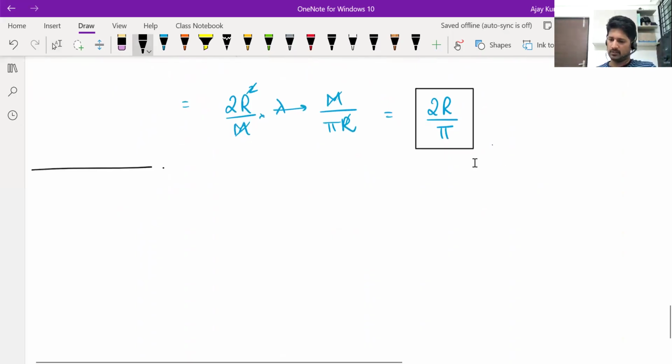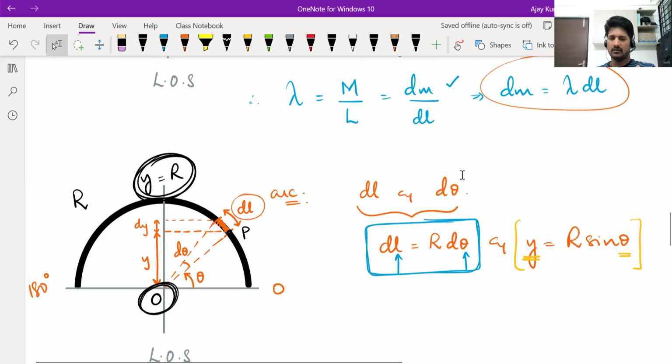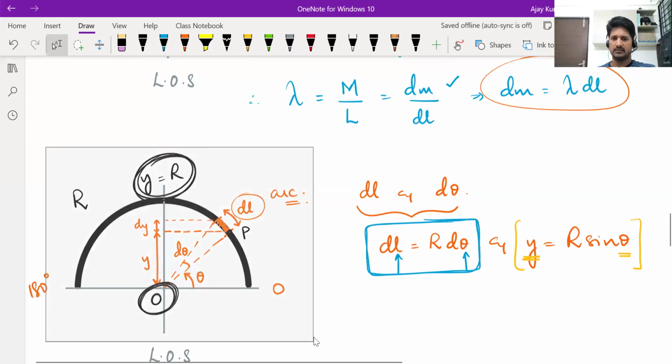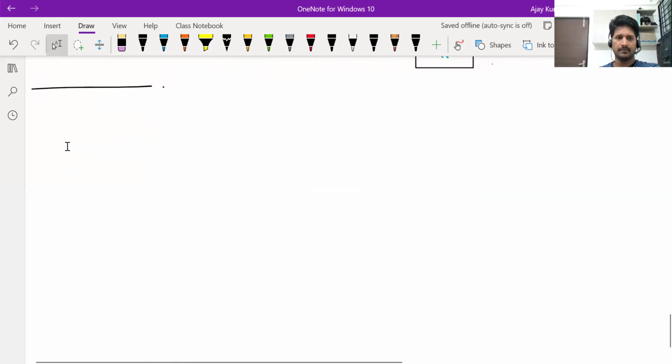Try another problem now. In this question, you were given a semicircular arc. Instead of a semicircle, okay, suppose you are given something like this. Let me test how much of this you'll be able to apply.